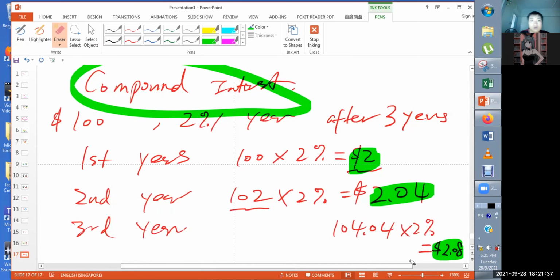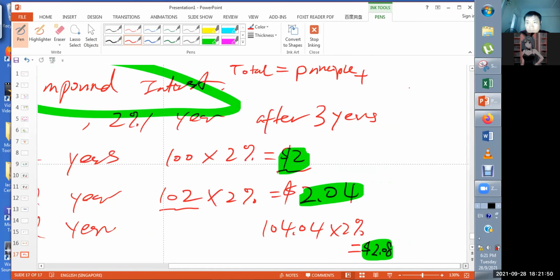6.12. Very good. Based on the formula, total means the take home. You use the principal plus the total interest. The principal is 100, which you put in. Because of compound interest, your interest after 3 years is 6.12. So your take home is 106.12 in this case.